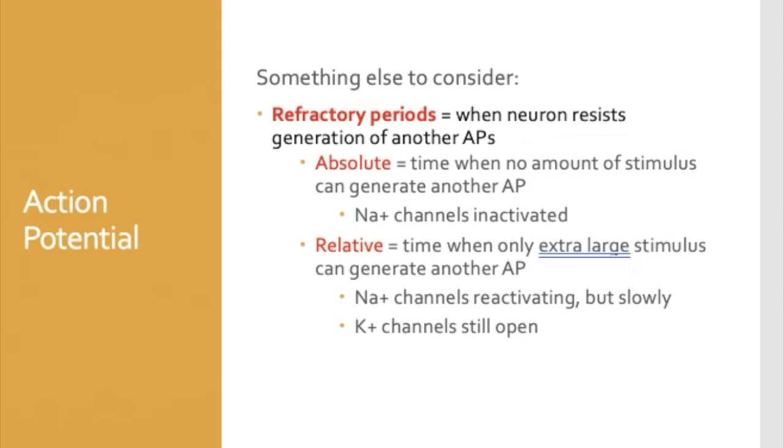There's the absolute refractory period when no amount of stimulus can generate another action potential, and there's a relative refractory period when it would take an extra large stimulus to generate another action potential. During the relative refractory period, the sodium channels are starting to reactivate, but slowly and one by one, while the potassium channels are still open.